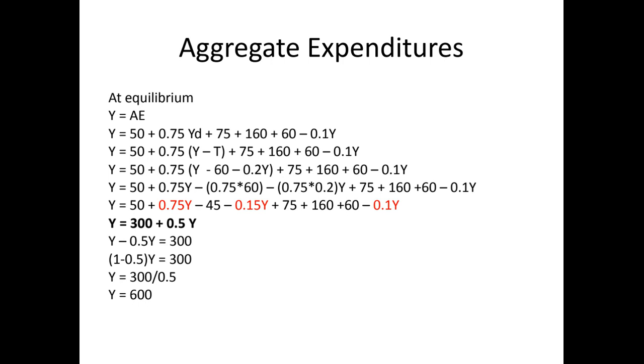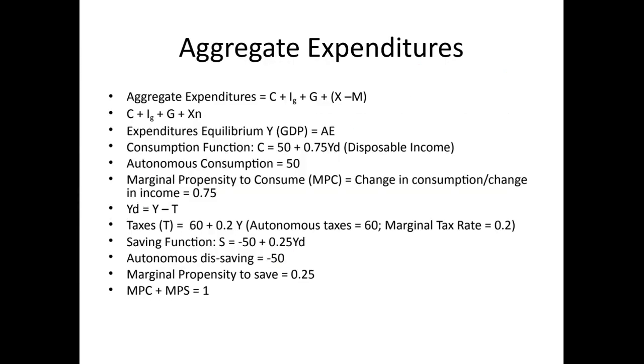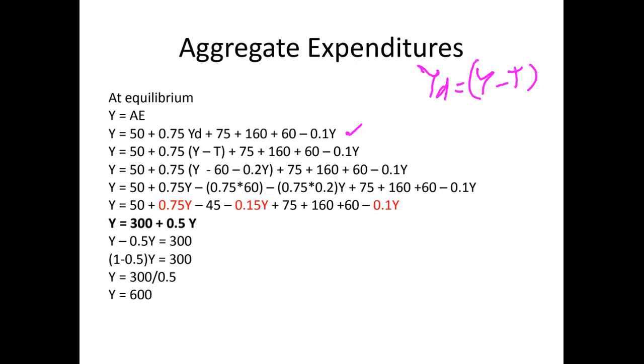I know that YD, that is disposable income, is nothing but Y minus T. So I have to calculate this Y minus T. Tax function is given. I've already assumed that our tax function is 60 plus 0.2Y. So this is what I'm going to do, that I will insert here.